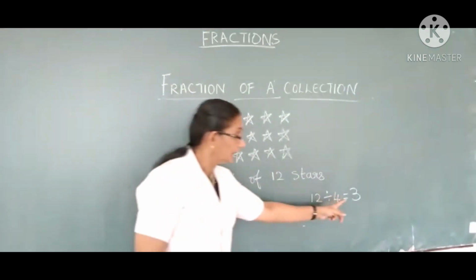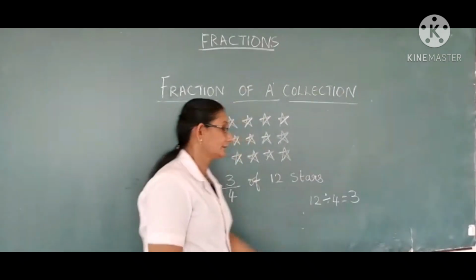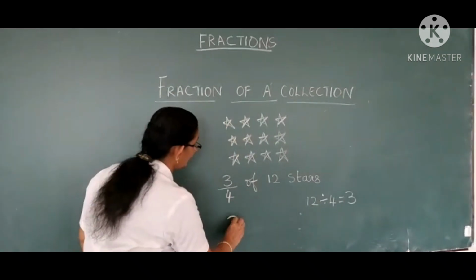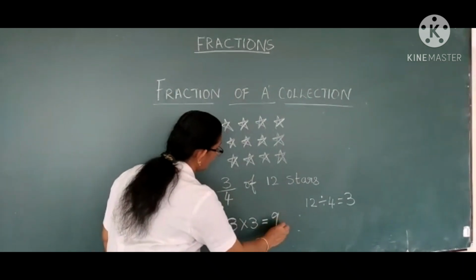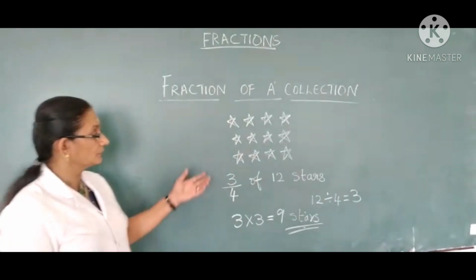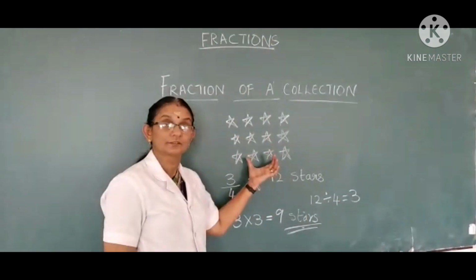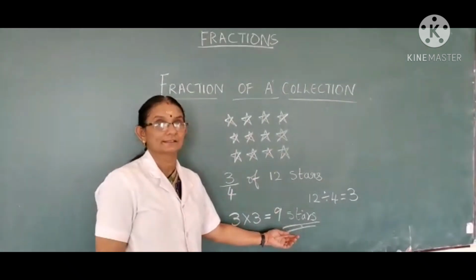With the answer, which is 3. So, 3 into 3 is equal to 9 stars. Okay? So, 3/4 of this group of collection is equal to 9 stars.